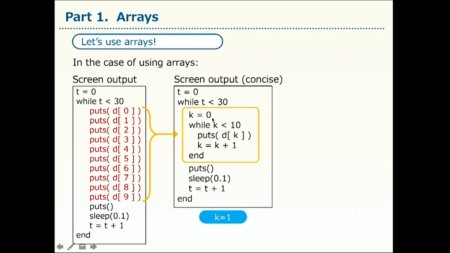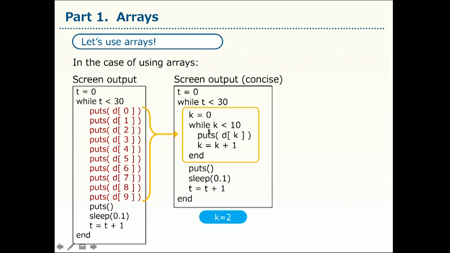Then going back to the while condition, because the value of k, which is now 1, is less than 10, this puts command is executed and D1 is displayed on the screen. And k is increased again by 1, becoming 2, and so on. And then this part is repeated 10 times until k becomes 10. In this way, this yellow part gives the same outputs corresponding to the 10 puts commands written in red in this program.